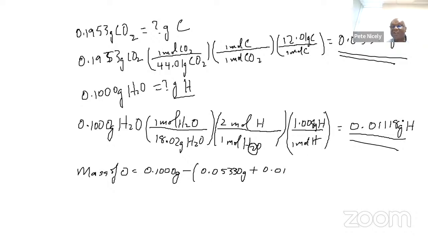Oh, by the way, correction, this should be 0.01119 grams for the hydrogen. So let's work this out. So 0.05330 plus 0.01119, and then we subtract that from 0.100. Oh shoot. Okay, let me do this again.